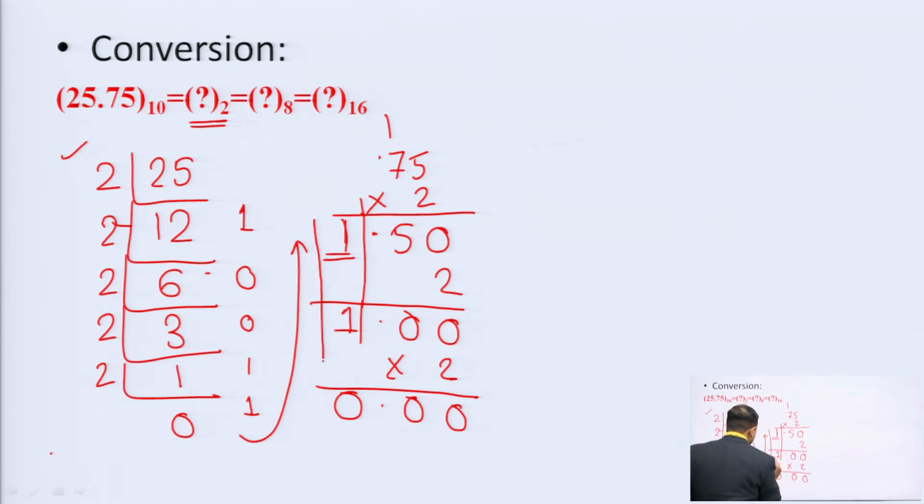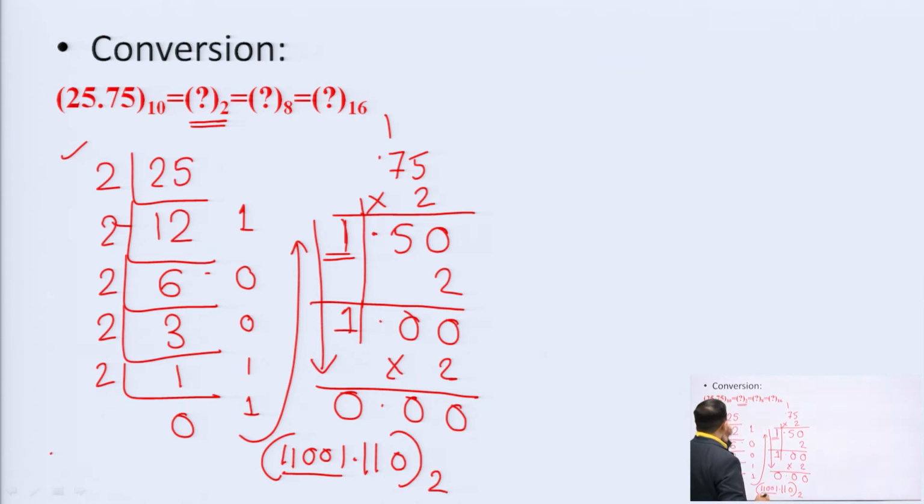Same order we will take. For the integer part we took the reverse order, but for the fractional part we will take the same order. So, previously we got 11001 for the integer part, and for the fractional part we are getting 11. So, this is the full conversion of decimal to the binary number system.